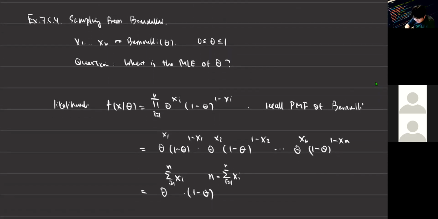I don't know how many of you are taking machine learning or advanced machine learning, one of these courses that talk about neural networks. In neural networks, there's this loss function called cross-entropy, or binary cross-entropy. That actually comes from the MLE of the Bernoulli distribution. Let me repeat that.